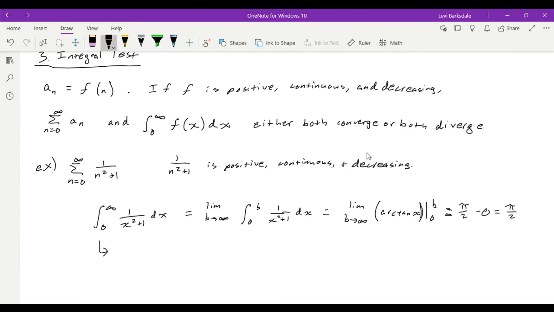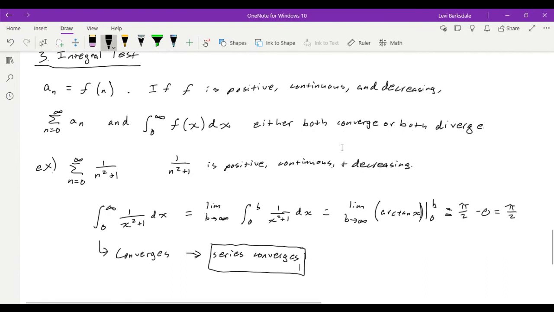And what that tells us is this improper integral converges, which then tells us that our series must converge. We can't say anything about the exact sum of our series, only that it converges. That is the integral test.